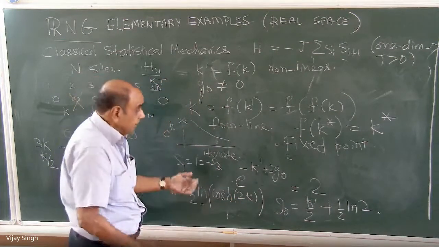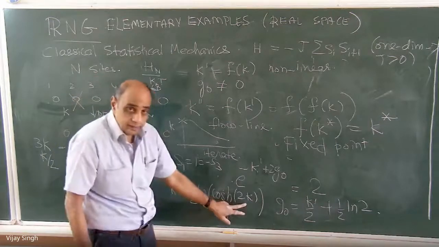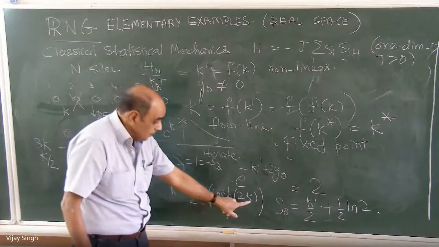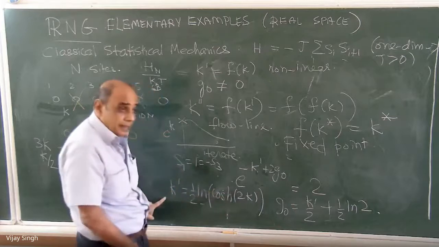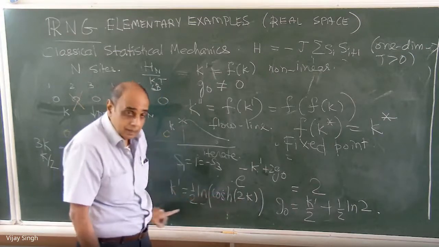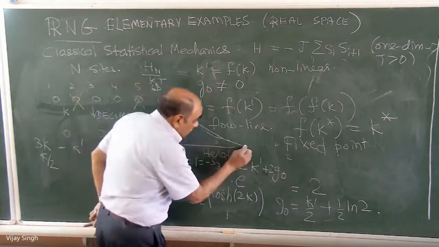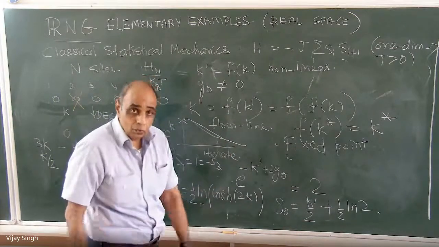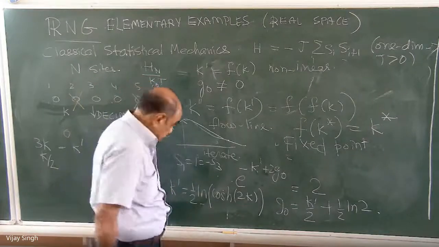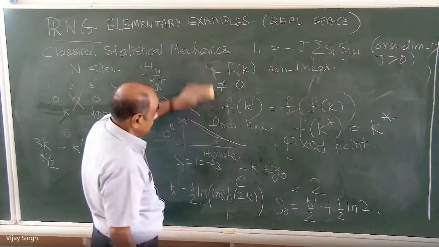So what happens in this case, and you can show this, is that if k is 10, k prime will be 9. And then when k prime is 9, it will become 7 or something. So the flow line is such that it will go to 0, which means that the fixed point is 0. Now let us see this.